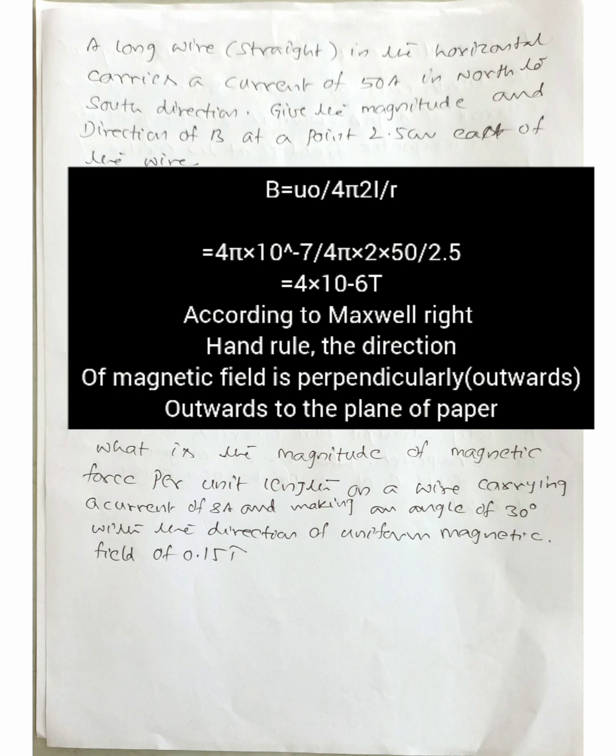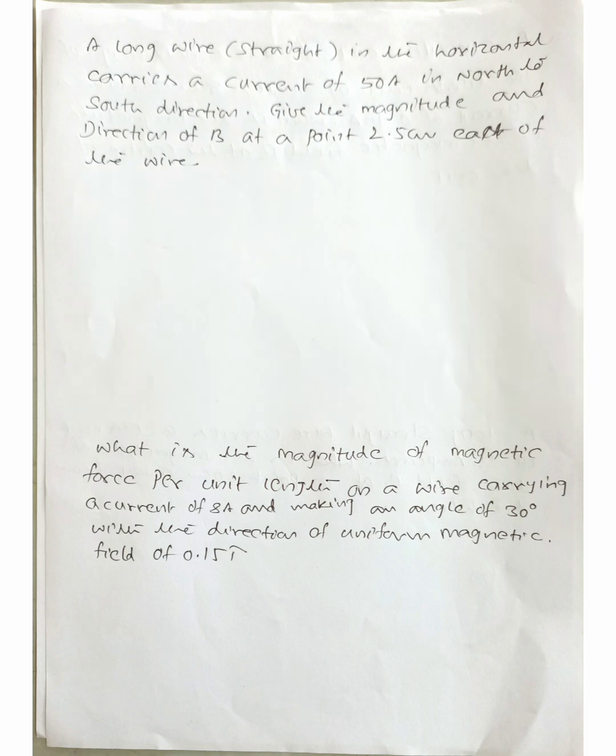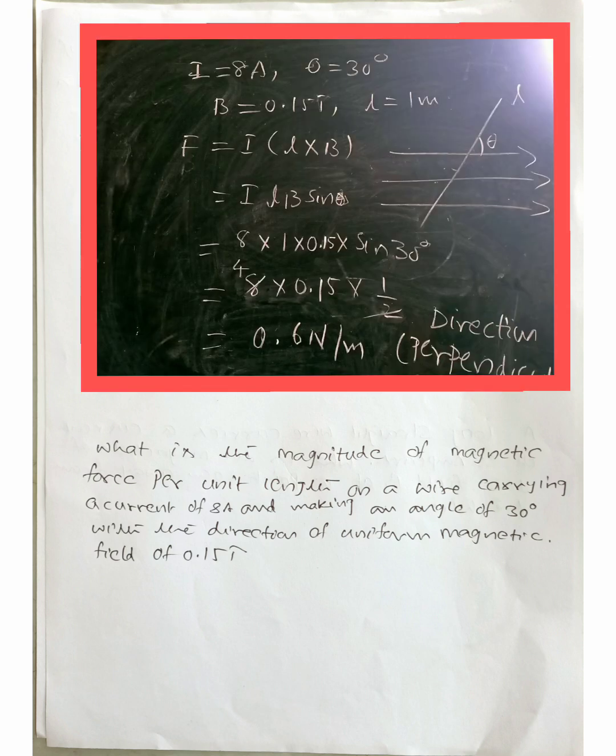By the way, what is the magnitude of magnetic force per unit length of a wire carrying a current of 8 amperes and making an angle of 30 degrees with the direction of a magnetic field of 0.15 Tesla? To find out the force experienced by the conductor carrying current in a uniform magnetic field of 0.15 Tesla, we have to use the formula F is equal to ILB sin theta.